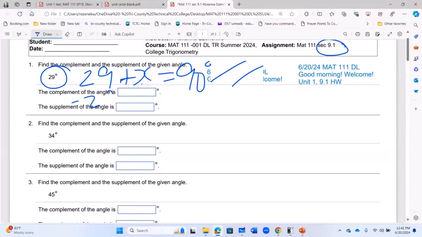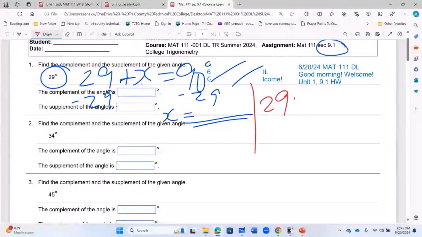Minus 29 on both sides, and your answer will be the missing angle. You write it here. What if I'm told to find the supplement? The supplement of 29 degrees is an angle, let's call it angle y, such that 29 plus y is equal to 180 degrees.